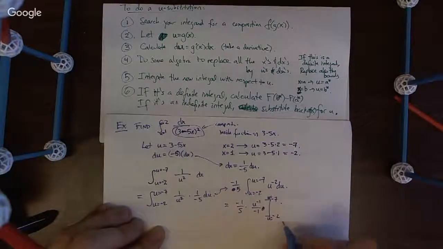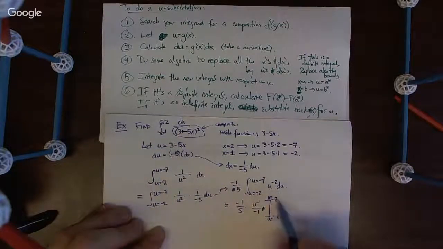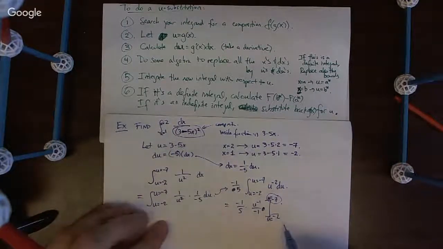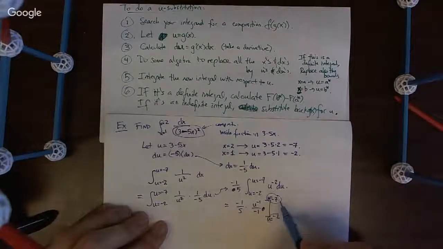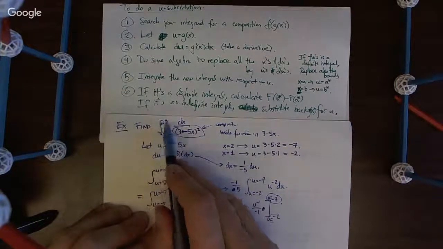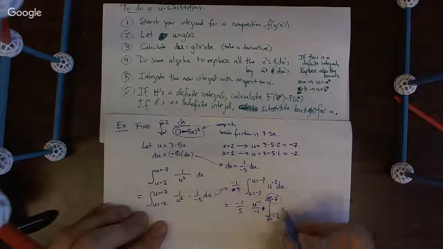Now this is where I really like keeping track of what the variable is on the bounds. If I had just kept 1 and 2 and hadn't put the x's, we would be very tempted to plug in x equals 1 and x equals 2. But if you keep it around and it says x equals 1, x equals 2, and down here we see u, you would know you wouldn't be able to plug it in for the u.